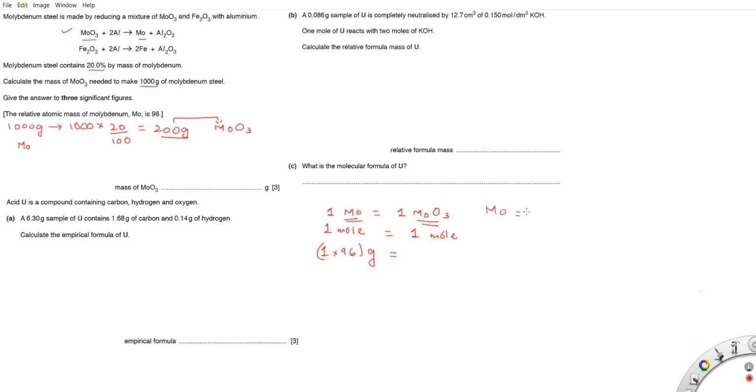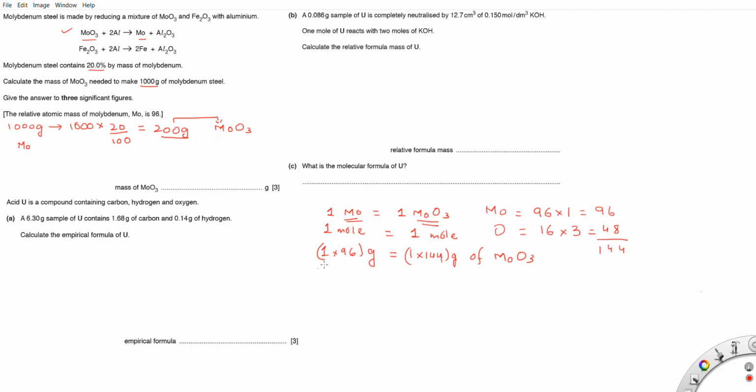So atomic mass of molybdenum is 96 times 1. Since there is only one atom, I can write 96. Oxygen 3. So from periodic table, the mass is given 16 times 3, 48. And then we have 144. Okay, so 1 times 144 grams of molybdenum oxide is produced by 96 grams.